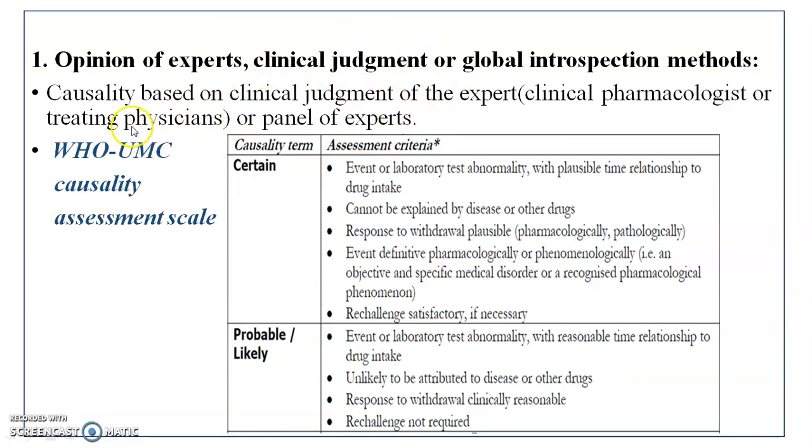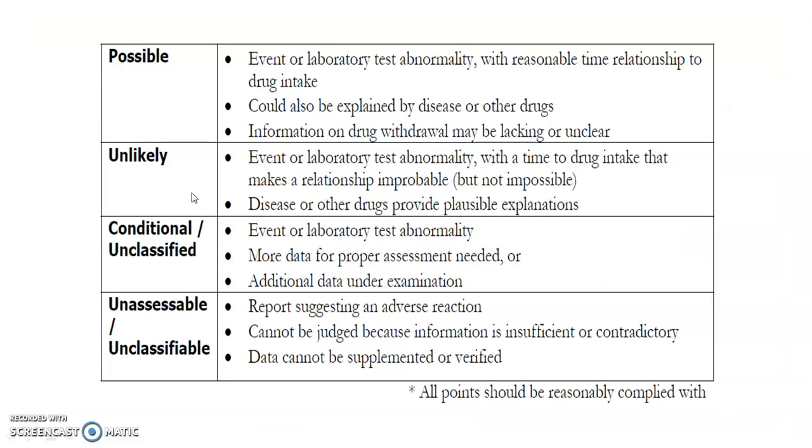We usually use the WHO-UMC causality assessment scale, that is the Uppsala Monitoring Centre scale, where the assessment is divided into certain, probable, possible, unlikely, conditional or unclassified, and unassessable or unclassifiable.